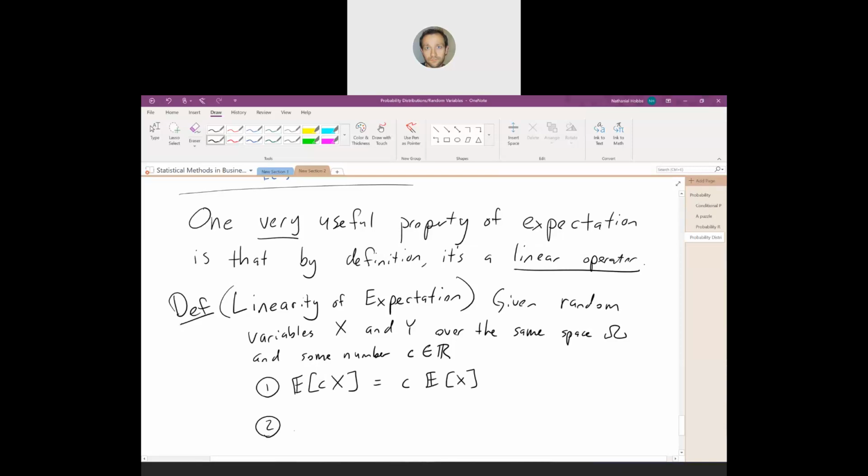And two, the expectation of two random variables, x plus y, is equal to the expectation of the first random variable plus the expectation of the second random variable.